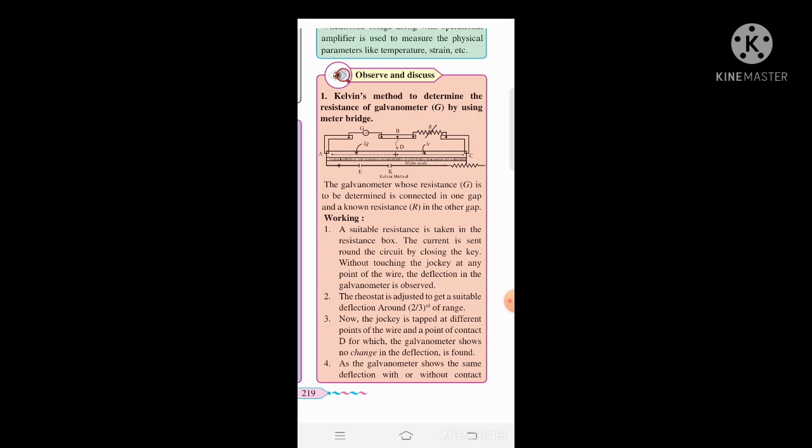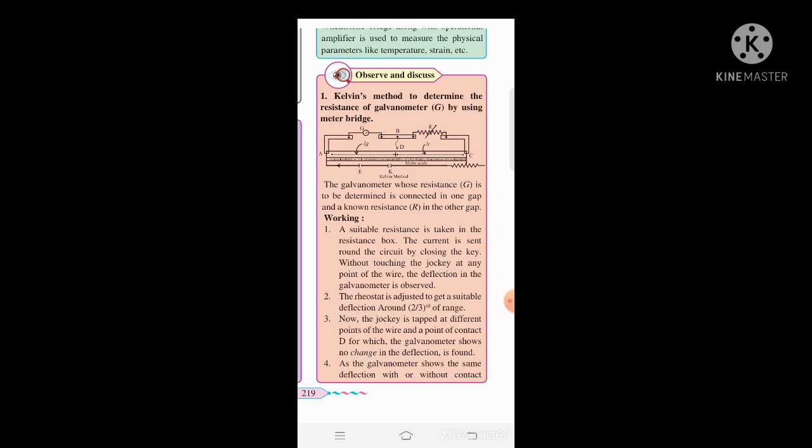And a third metal strip, the central metal strip, is mounted on the wooden board, which makes two gaps with the two thick L-shaped metal strips. In the left gap, between the L-shaped metal strip and the central metal strip, a galvanometer is connected, and in the right gap, a known resistance, that is a resistance box, is connected.